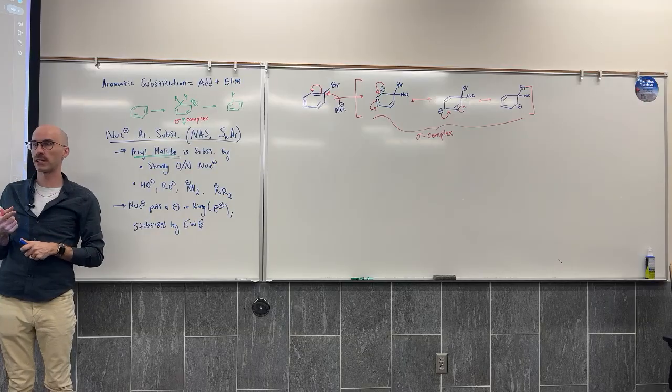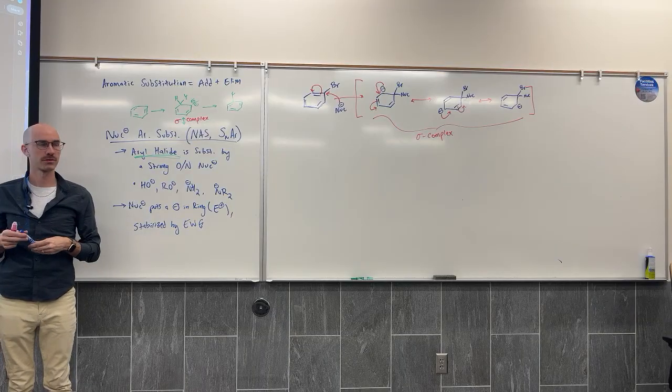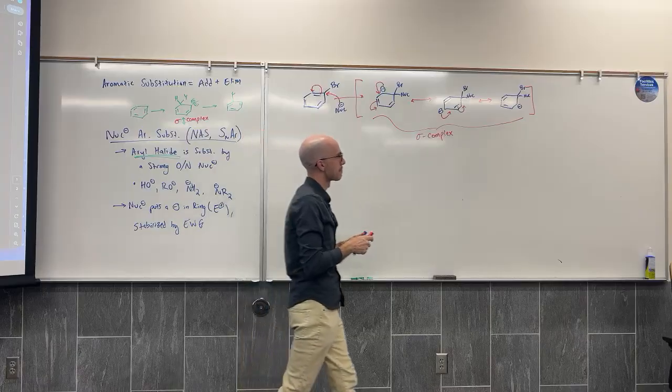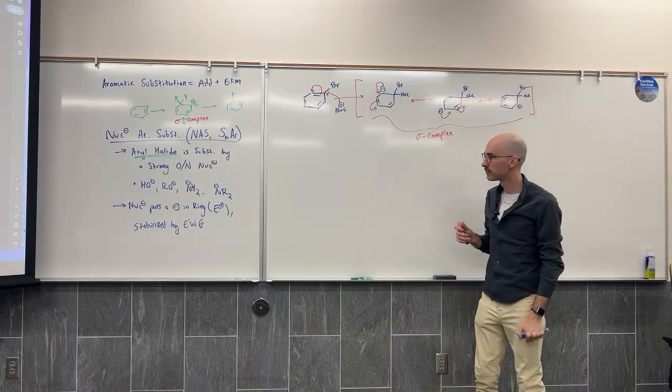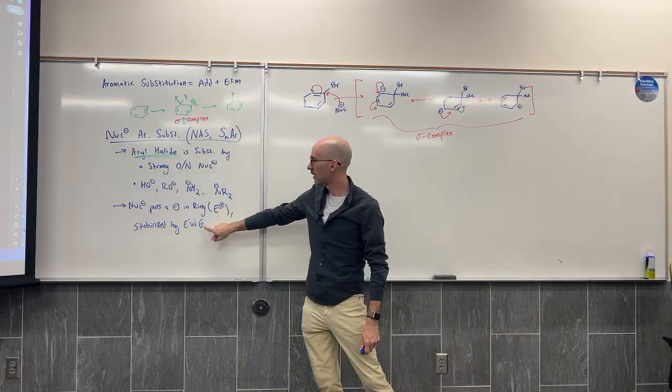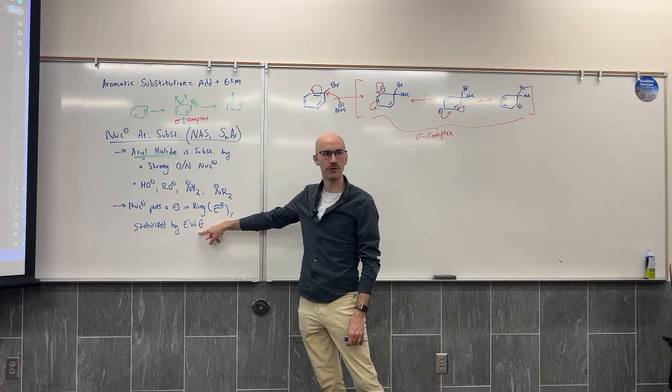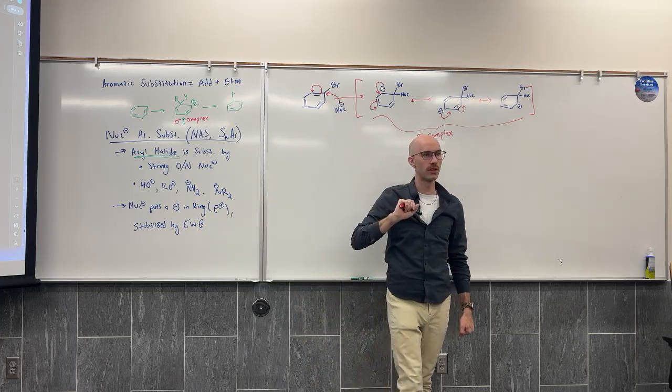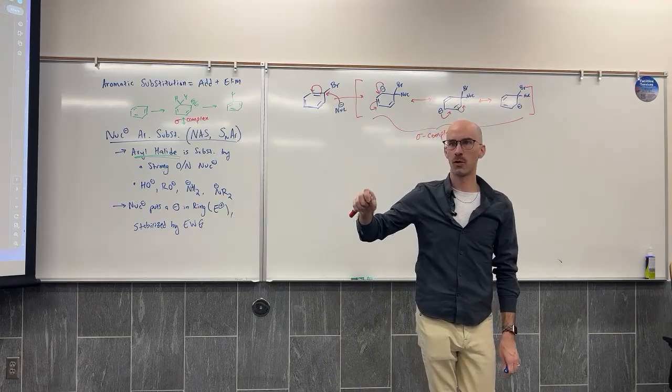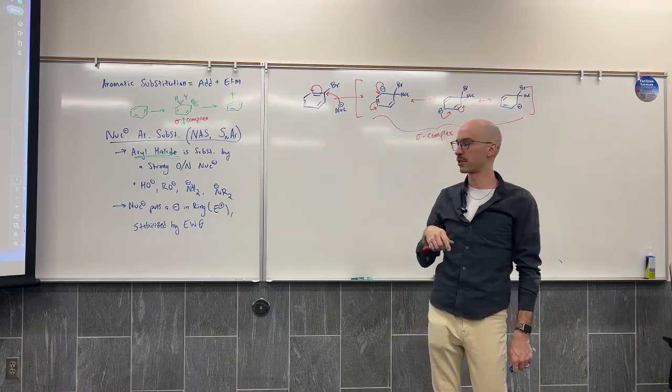Just by being the aromatic ring, it has three resonance forms. What did you write down here? Stabilized by EWG, which is electron withdrawing group, like the carbonyl that we saw on the last worksheet, or the nitro group that we saw on the last worksheet.